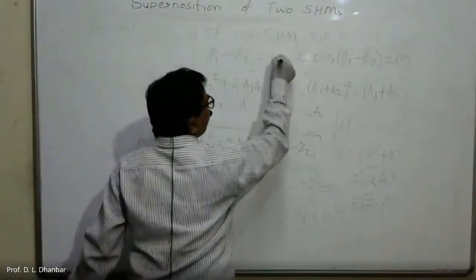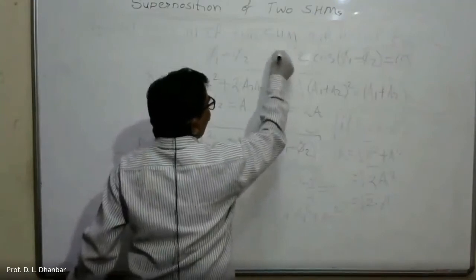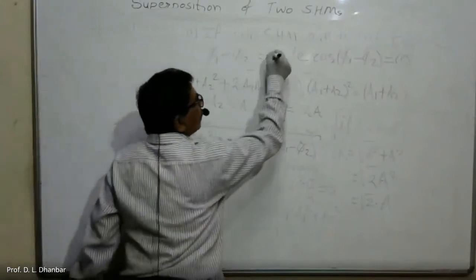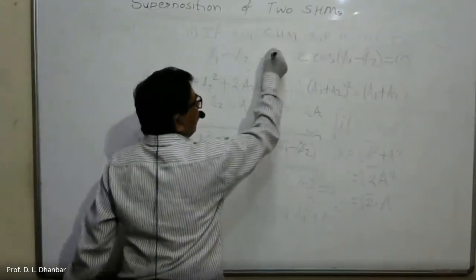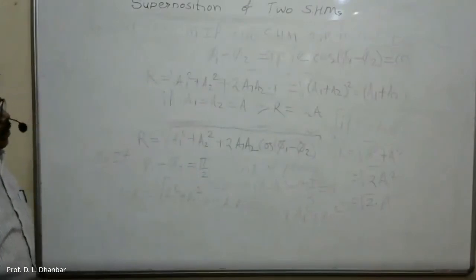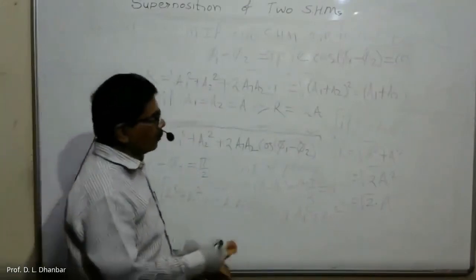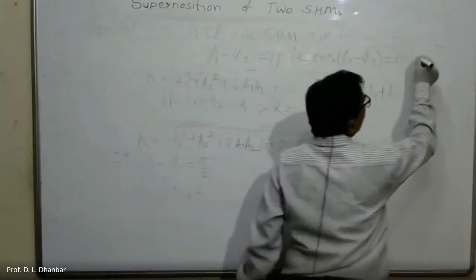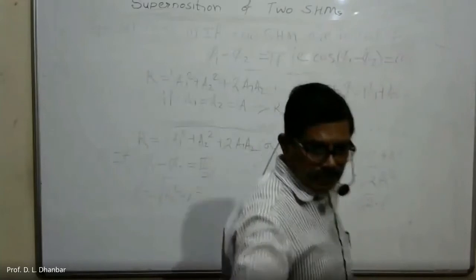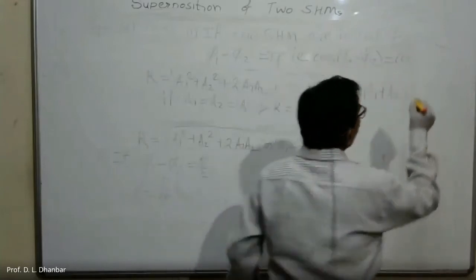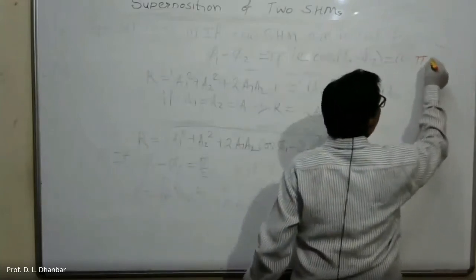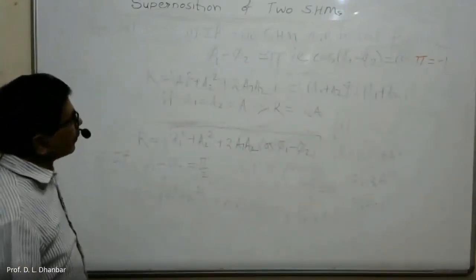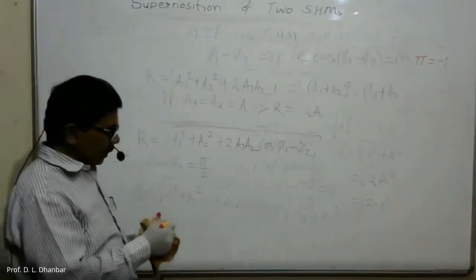Pi means 180 degree. Then cos of phi 1 minus phi 2 means cos of pi, which is equal to minus 1. So if you substitute this value in this equation, then what will you get?